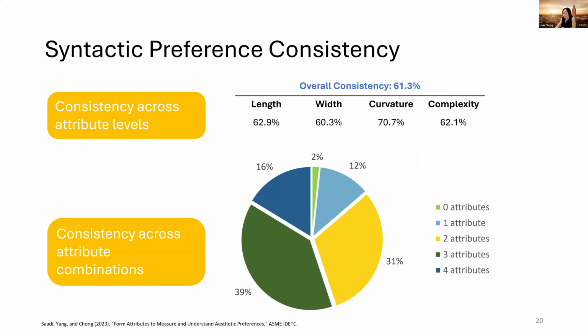So we see that a majority, about 70% of the users, were consistent across their aesthetic preferences over 2 or 3 attributes. So this gives us some promising results that there is some type of transferring of aesthetic preference between different products, and the AI may be able to interpret what each person's aesthetic preference is, and then try to create products that meet those aesthetic preferences.